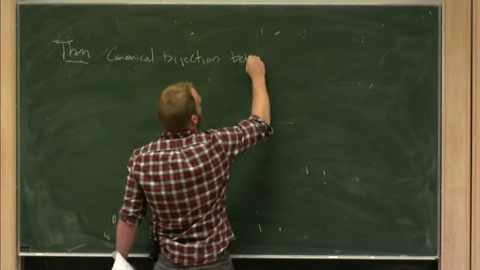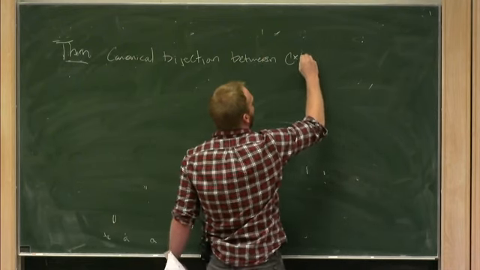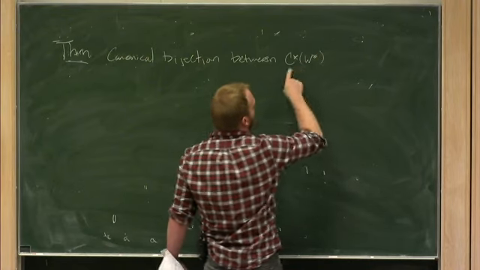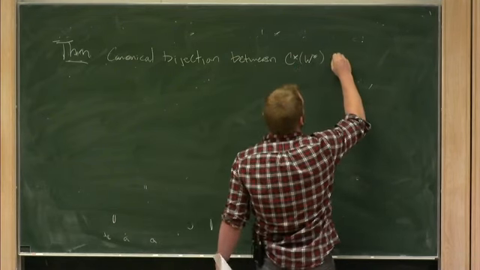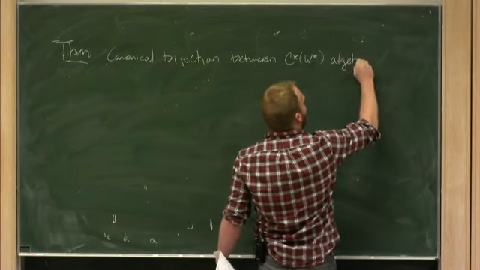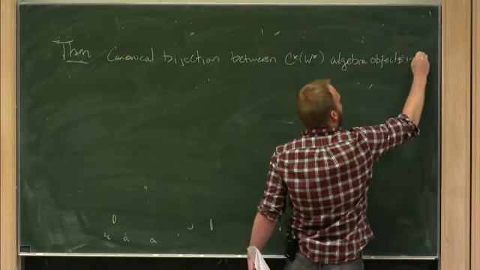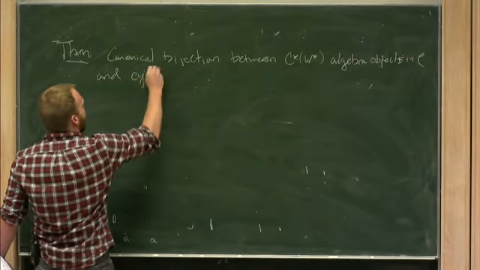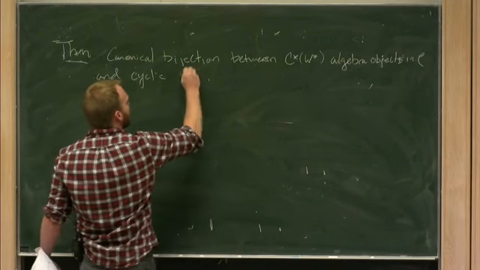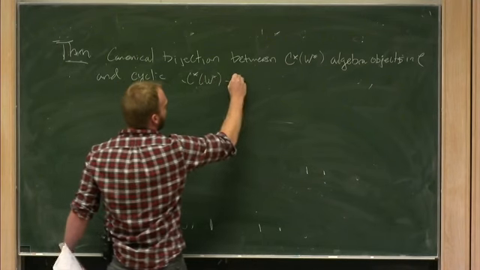between C star, and then I'll put in parentheses W star, although it kind of looks like I'm saying C star of W star, but this means C star or W star algebra objects in C. And cyclic C star or W star C module categories.